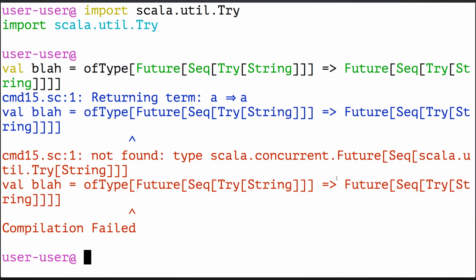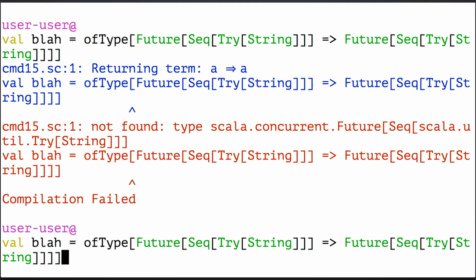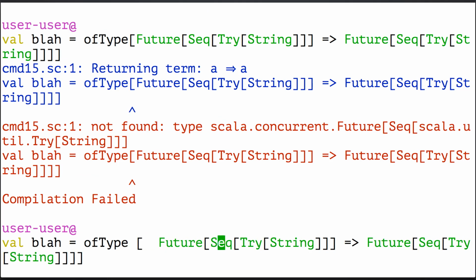Future of sequence of... You're missing a square bracket on the left side of the type. Am I? The whole thing is supposed to be inside the brackets. So, yeah. No, I don't think I'm missing. Oh, never mind. Yeah. Something else is wrong.